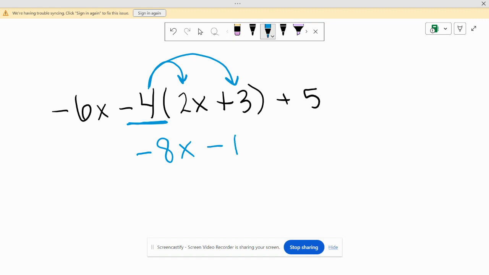That's negative 12. I also have these two other terms at the front and the back. I'm just going to bring those straight down. And I'll have negative 6x plus 5. Okay, so now I have 4 terms that I need to simplify.